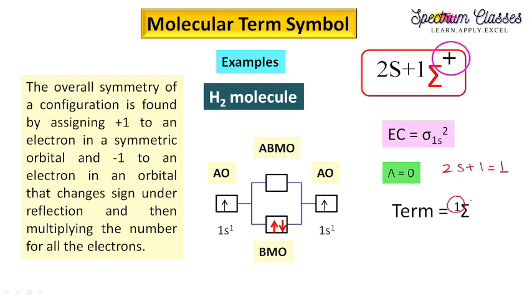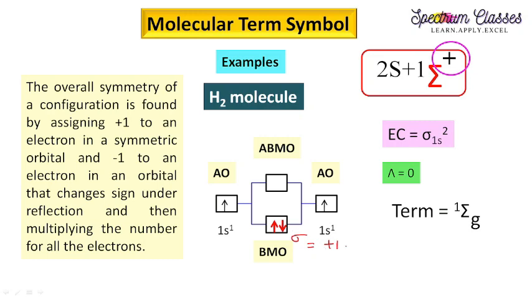So here this is the term, right? Now we have to assign the parity, or we can say inversion symmetry. So inversion symmetry is g. How can you say this is g? This is g because sigma orbitals have plus 1, or they are symmetric about the inversion.